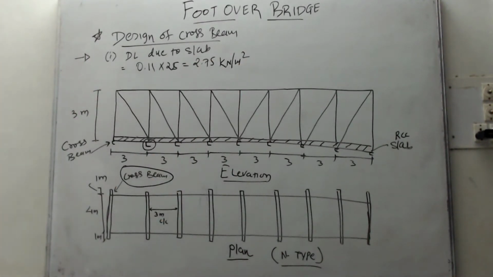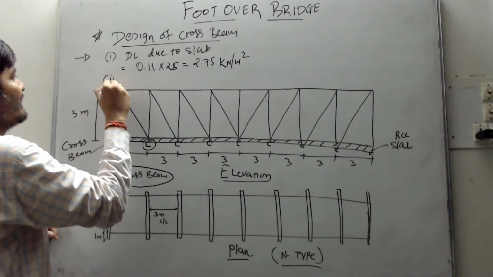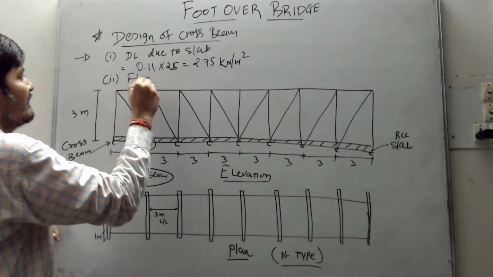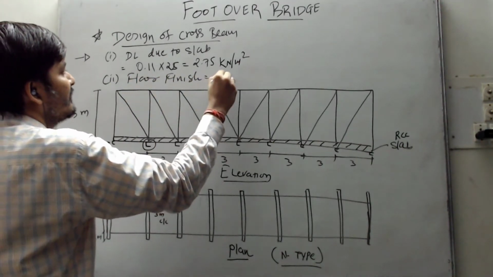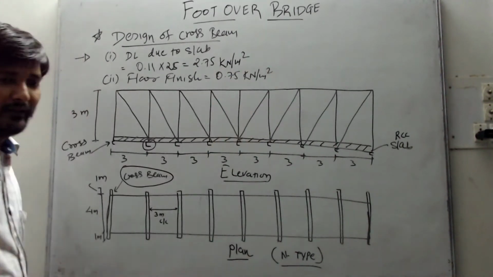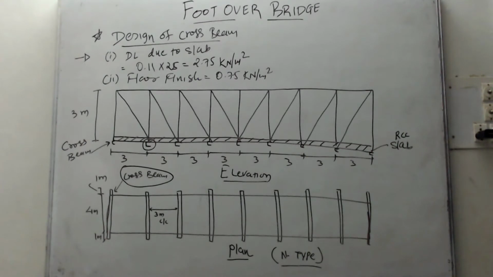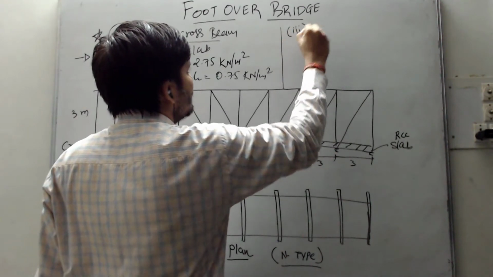Next we have floor finish load. Second, floor finish. This is also given in the data, which is 0.75 kilonewton per meter square, right? 0.75. This is coming from the data directly. And then there is a live load also, third. There is live load also, that is also given in the data.